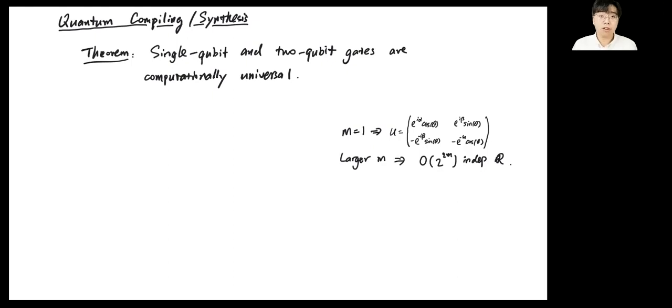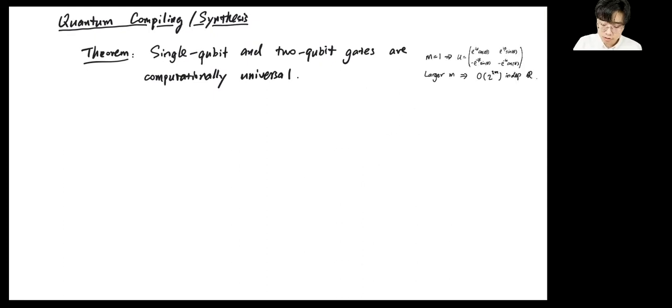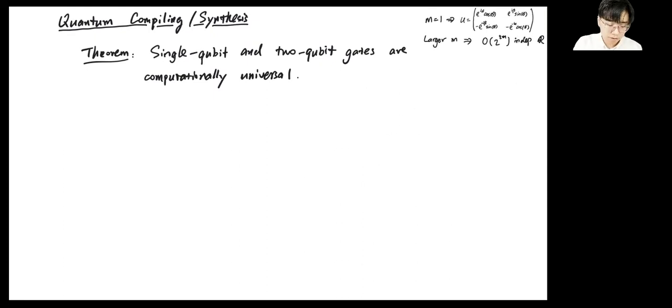We have argued that for a transformation on m qubits, the matrix representation of the transformation is of size 2 to the m by 2 to the m, so that's not efficient. Let's put it aside. Fortunately, we have this remarkable theorem.